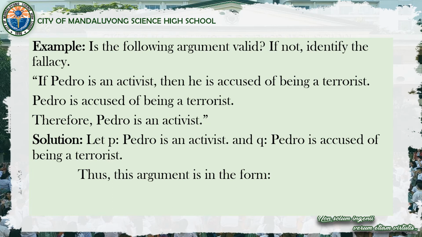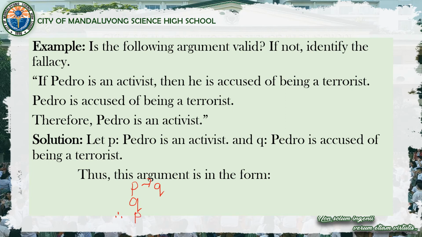So, let us translate this into symbols. So, we have, if Pedro is an activist, so implication. Pedro is an activist. P implies Q. Okay? And then, Pedro is accused of being a terrorist. So, that is Q. Therefore, this is our conclusion. Pedro is an activist.